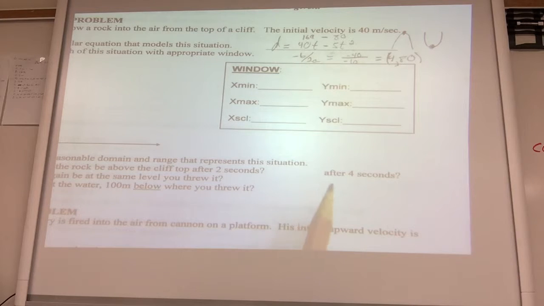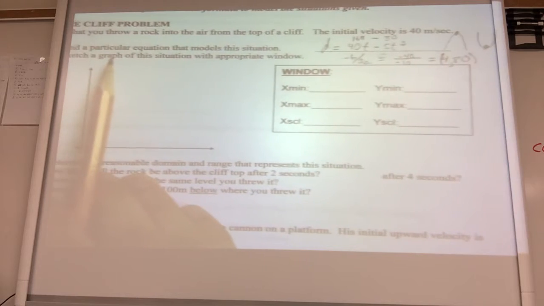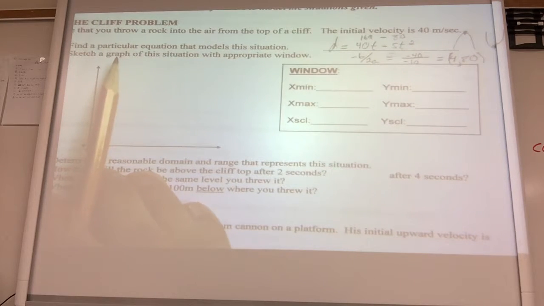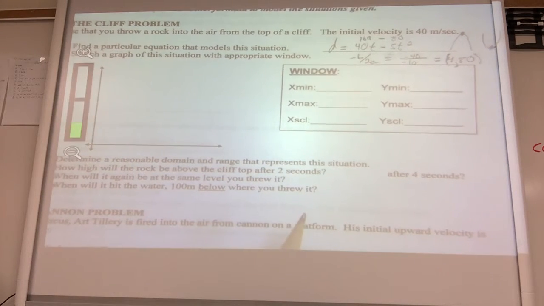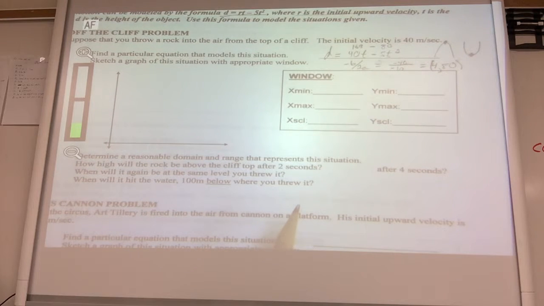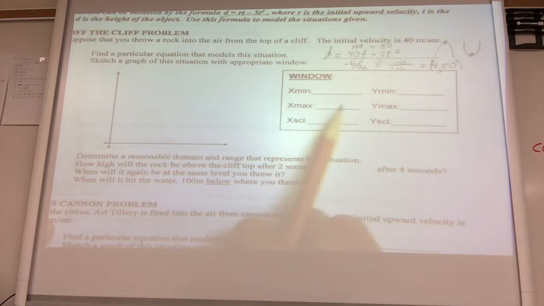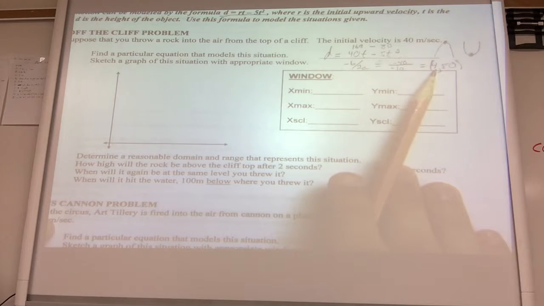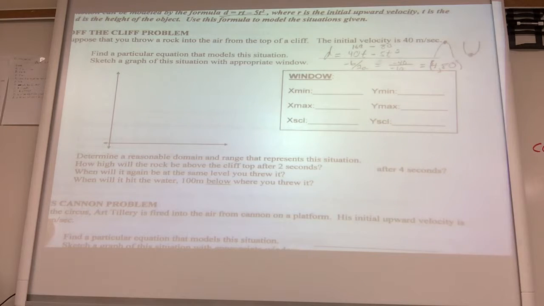The thing is it's from a cliff, so it's going to make this a little funny, but I'll explain that later. Here's what your window should look like. Usually I go a few feet or seconds outside of the window, but here's the idea. If that's your vertex, and it took 4 seconds to get there, it's going to take 4 seconds to come back down and hit the same level you threw it from.